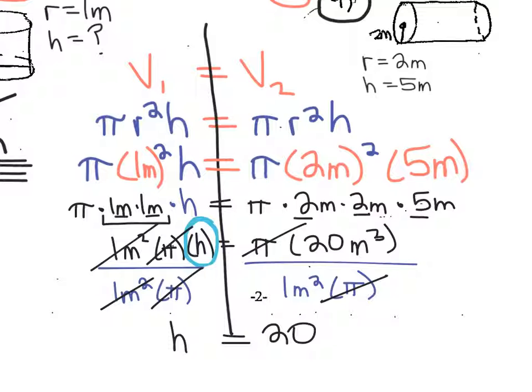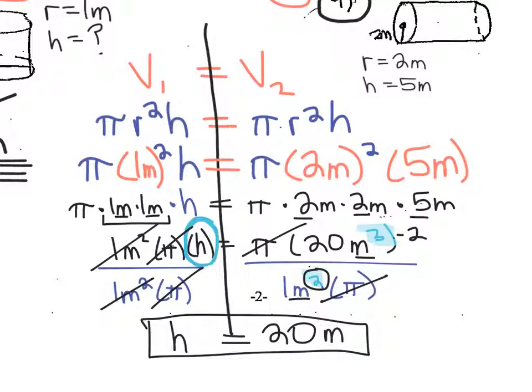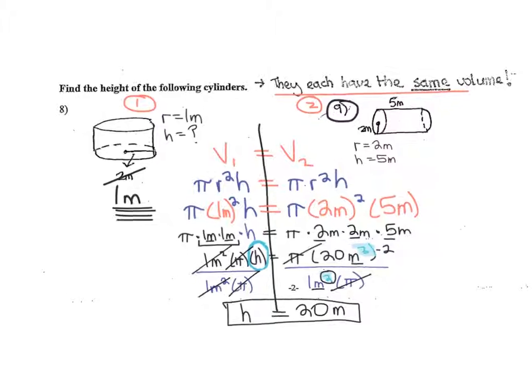And then, what's cool is that we have meters cubed and meters squared on the bottom. So to condense this exponent, remember that when we're dividing 2 exponents that have the same base, we just subtract our exponents. And 3 minus 2 is 1, so that would just be 20 meters to the first power, or just the height equals 20 meters. So that is how we solve for an unknown height.